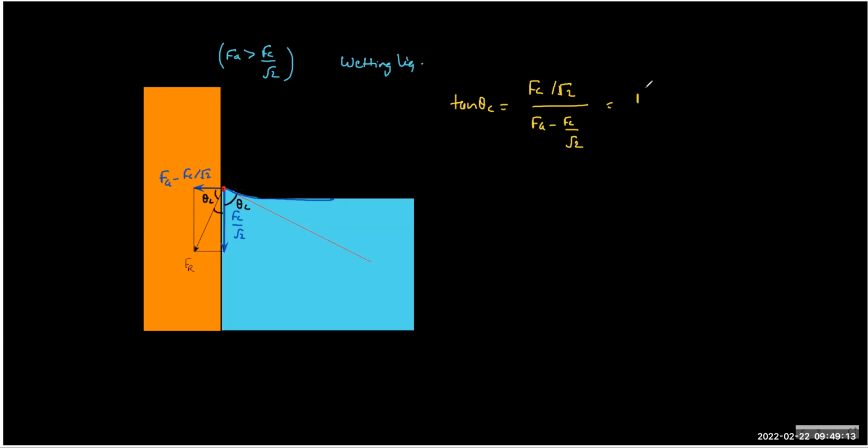So this turns out to be F cohesive upon root 2 times F adhesive minus F cohesive. If this is a positive value, then the angle will be an acute angle, and if it is a negative value, then the angle will be obtuse. So this formula will take care of everything, whether the angle is acute or obtuse.